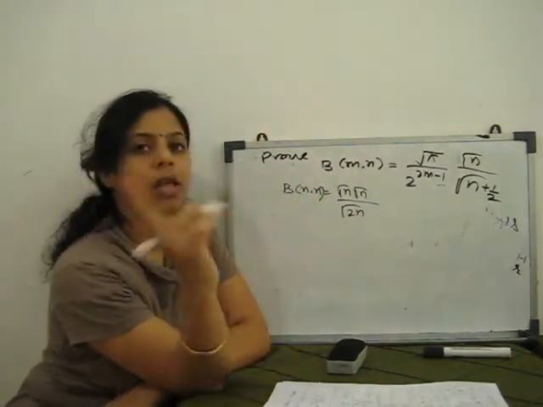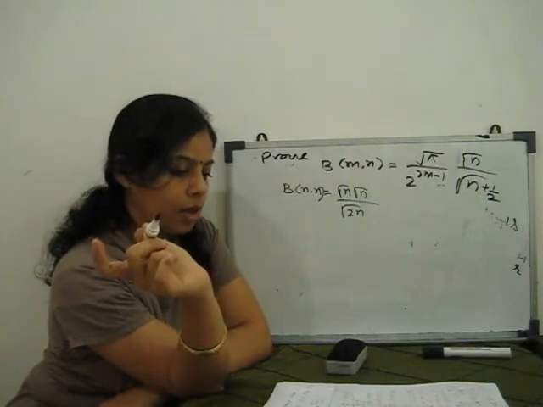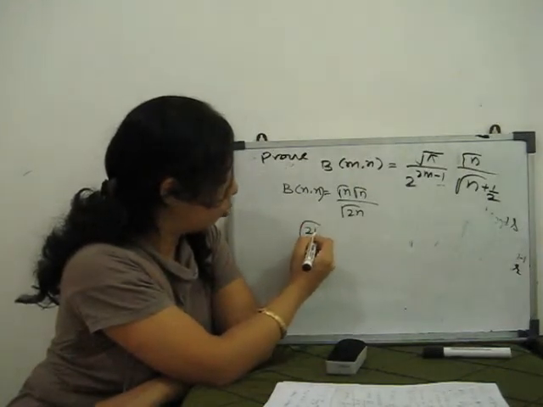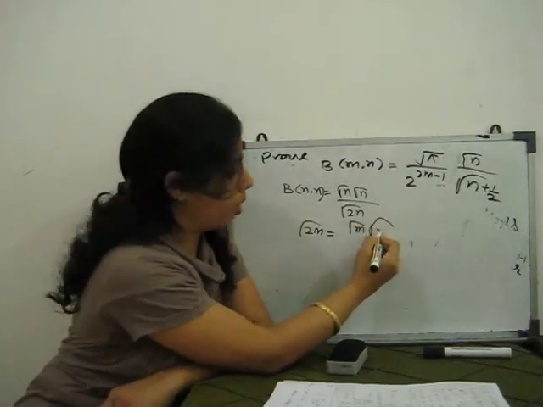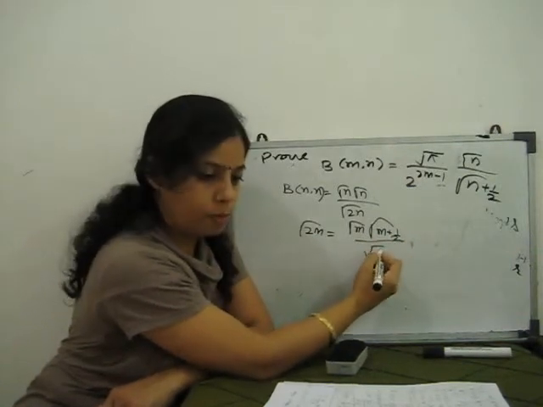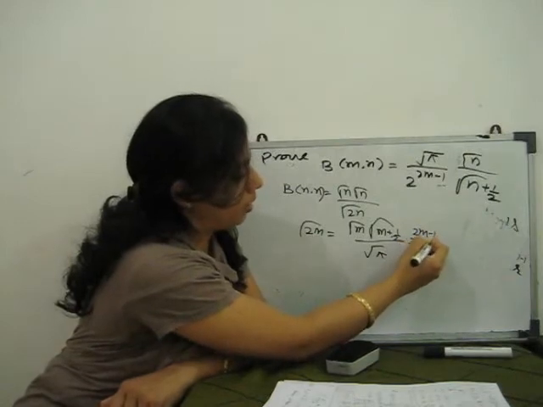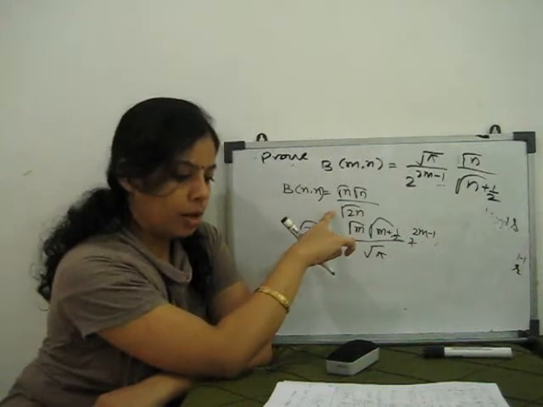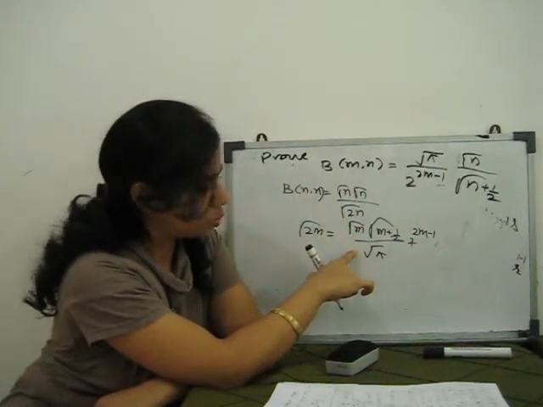Now what is our duplication formula? The duplication formula gives gamma of 2m is equal to gamma m gamma m plus 1 by 2 upon root pi, 2 to the power 2m minus 1. See, so at this place, 2n, we replace this part.